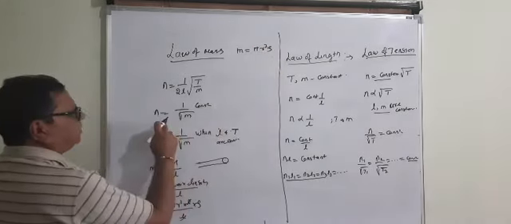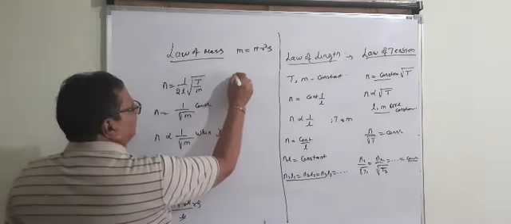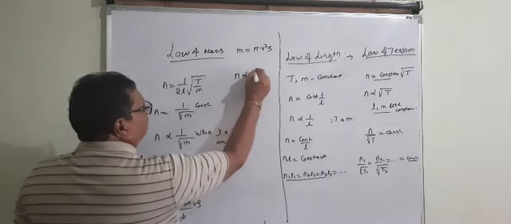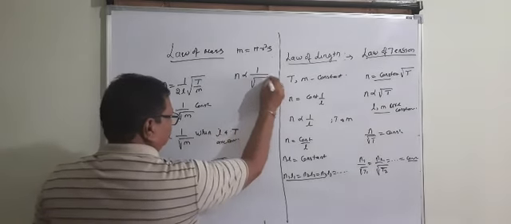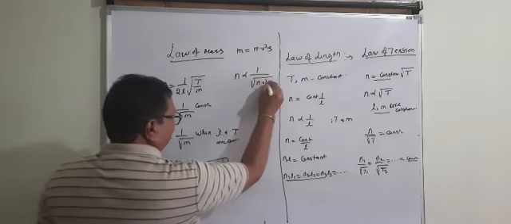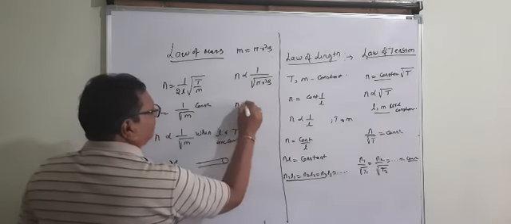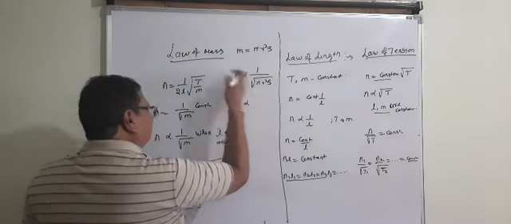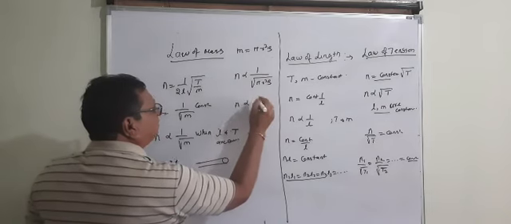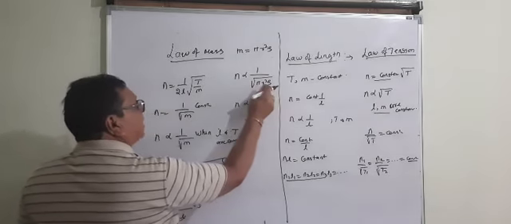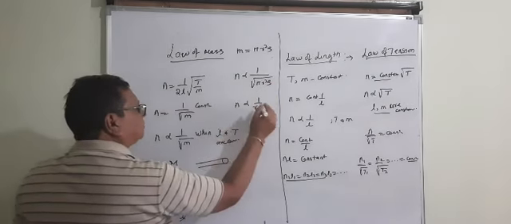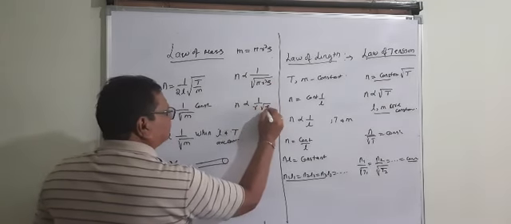In this equation we can substitute: n is proportional to 1 upon root of pi r square rho. If you remove pi outside as constant, n is proportional to 1 upon r, and the square root of rho.